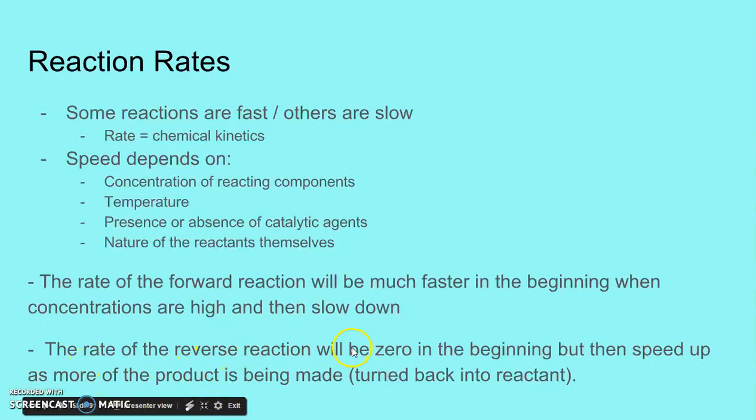The rate of the reverse reaction in the beginning is 0 because you have no product to react, but it will start turning back into the reactant as it's made. So you get the rate changing over time until it reaches chemical equilibrium. When it reaches equilibrium, the rate of the forward and the rate of the reverse stay the same, so it's not going to change.